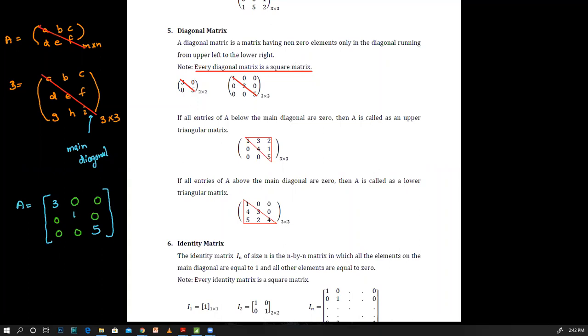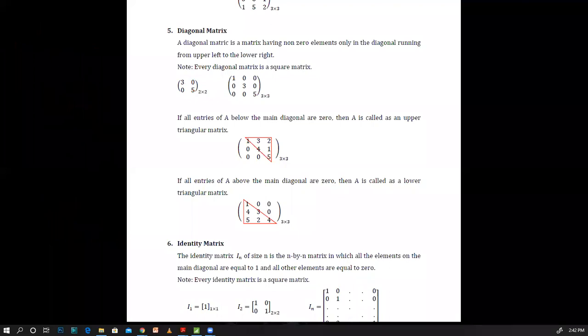Now, based on the behavior of the elements in the diagonal matrix, we are going to define another two types of matrices, which are said to be the triangular matrix. It is because the values of this matrix form a triangular shape. We are not just saying triangular matrices; we prefer to identify them as either an upper triangular matrix or a lower triangular matrix.